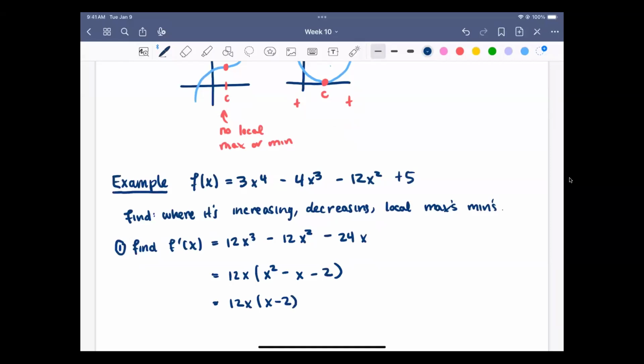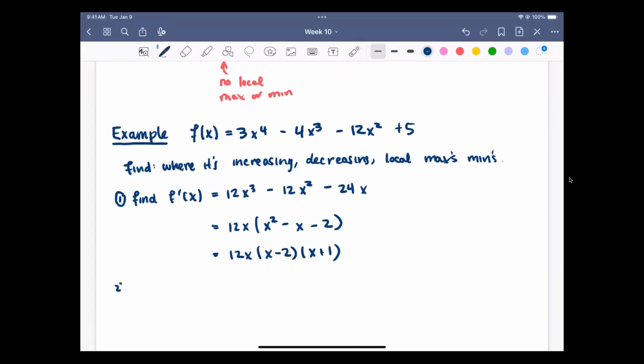And then what's the other factor? Okay, good. So then here's our candidates for the critical numbers.